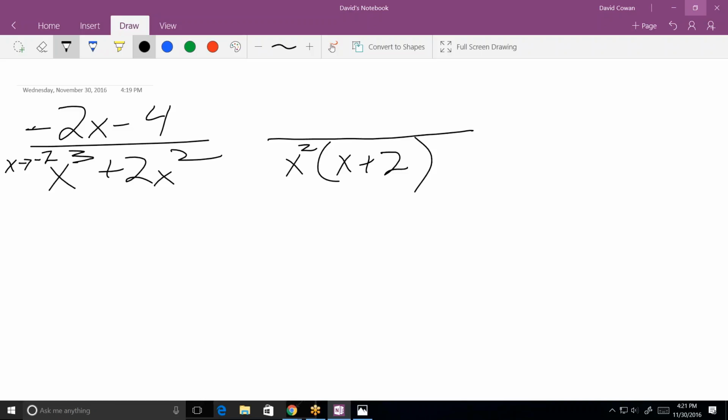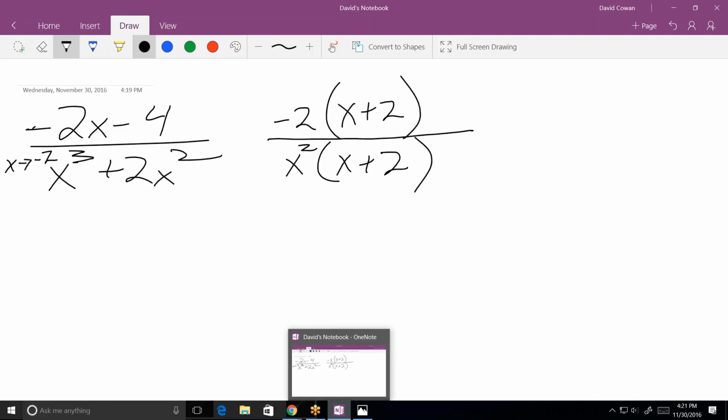Minus 2, yes. Notice that if I take a minus 2 out, I'm left with x plus 2. Then you have negative 2 over x squared. Now resubstitute, so you get negative 2 over 4. So then I simplify and that'll be negative 1/2. Correct.